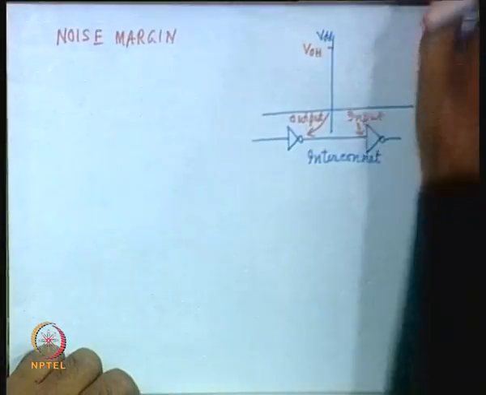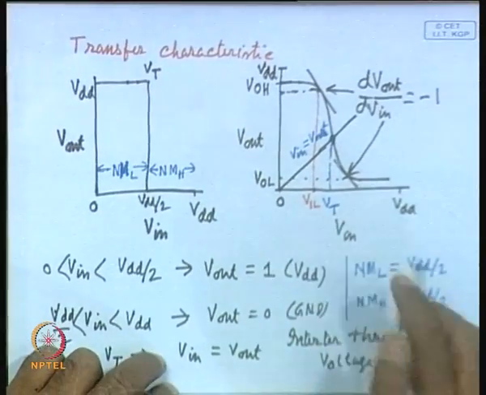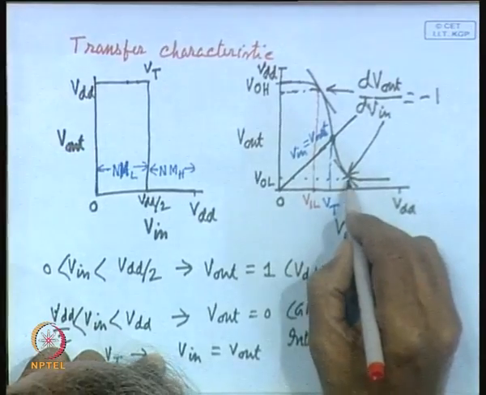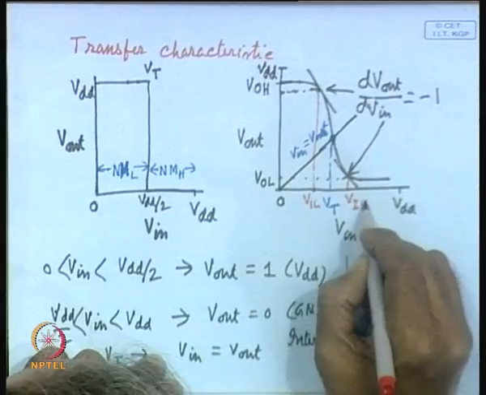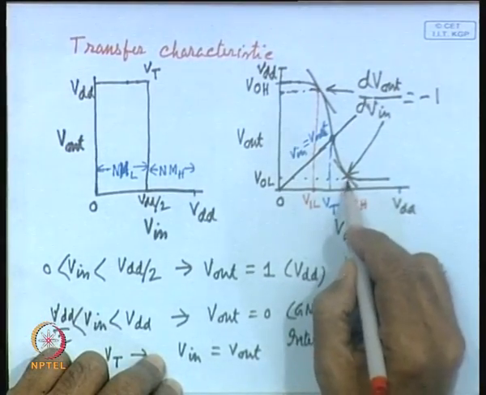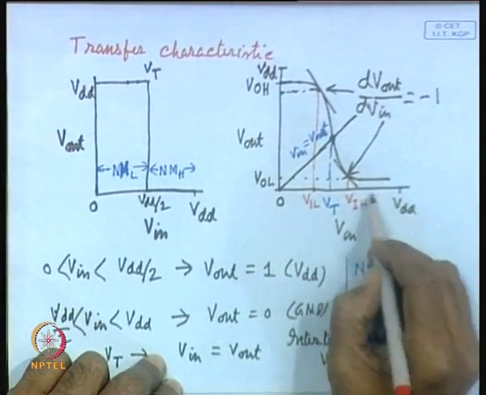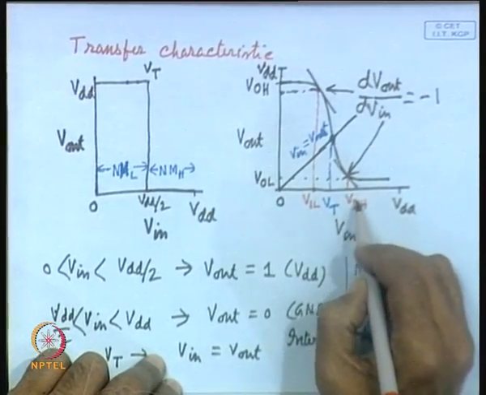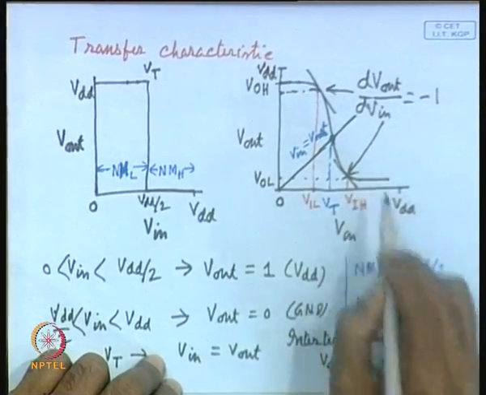And similarly, you can see here, as long as the input is above this point VIH, that is, as long as the input is high, the output will be low. If it is above this VIH level, that means if the input level is more than VIH, then the output will be 0.